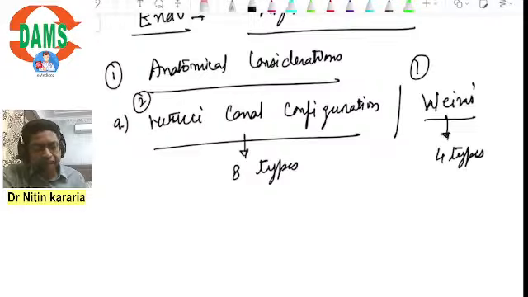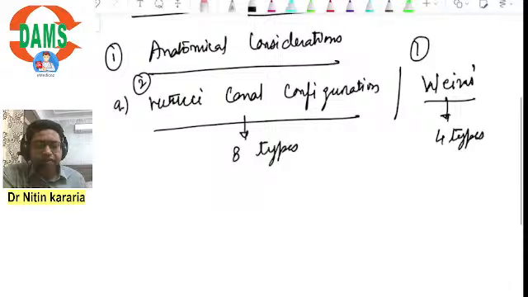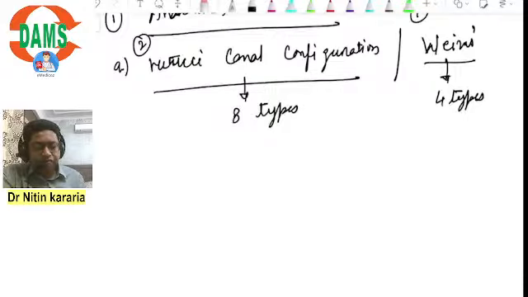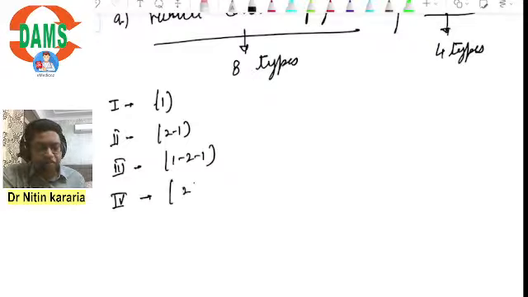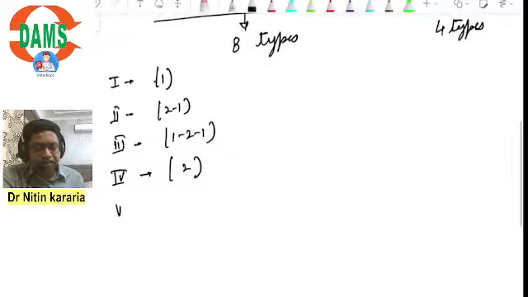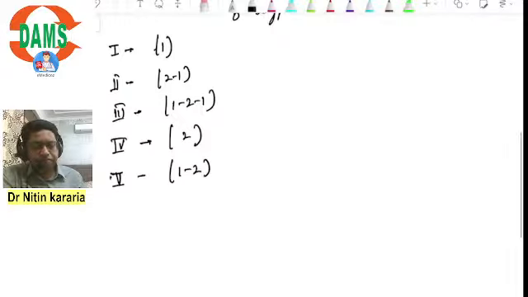According to Vertucci, types 1 through 8 are represented as follows: type 1 is 1. Type 2 means 2-1. Type 3 is 1-2-1. Type 4 is 2. Type 5 is 1-2.